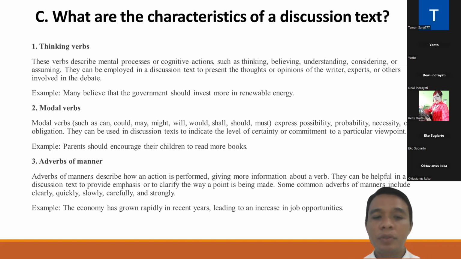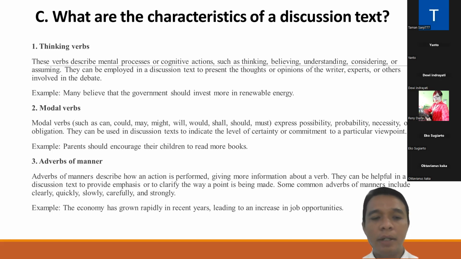They can be used in discussion texts to indicate the level of certainty or commitment to a particular viewpoint. For example, parents should encourage their children to read more books.